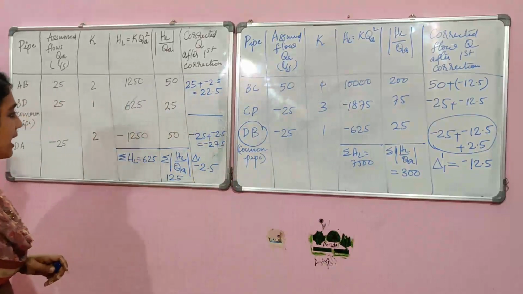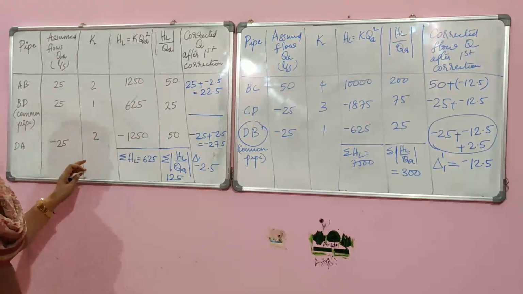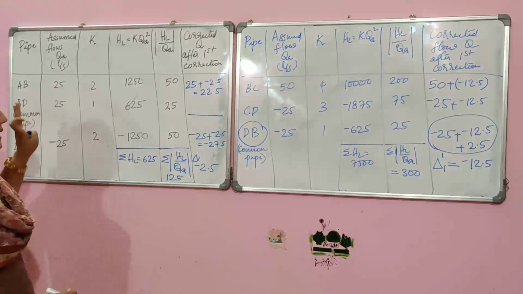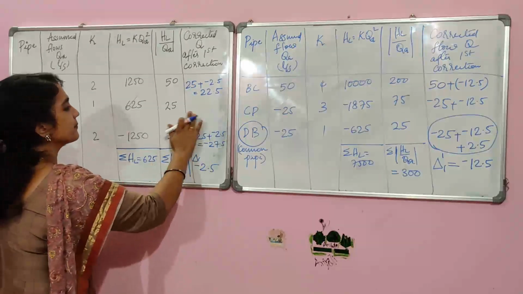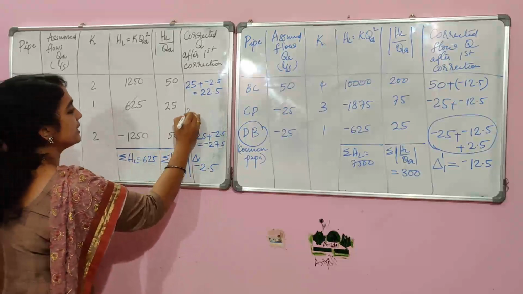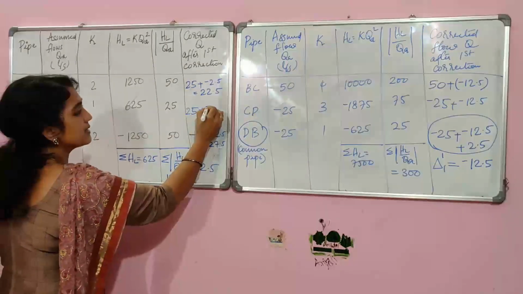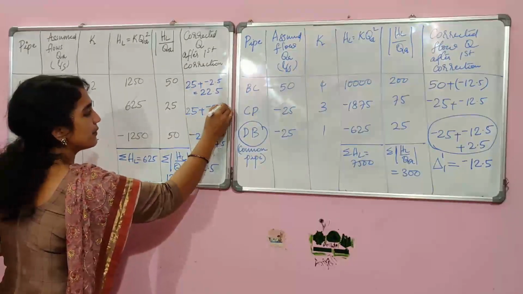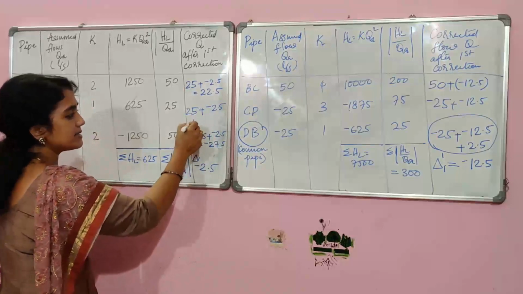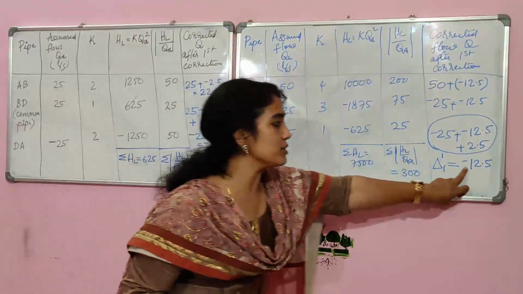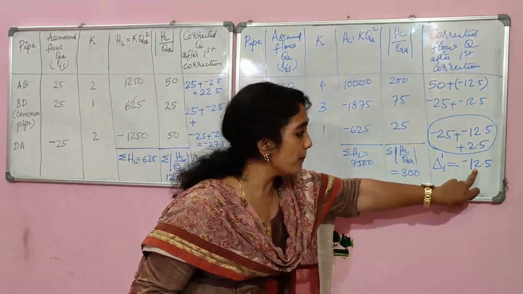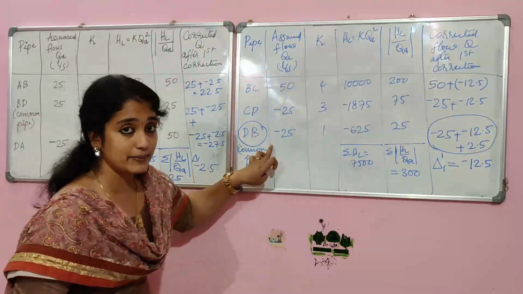Here also you can calculate the corrected flow for the pipeline BD. That is, here it is 25 plus minus 2.5 plus, here the value is minus 12.5, but the pipe is DB.